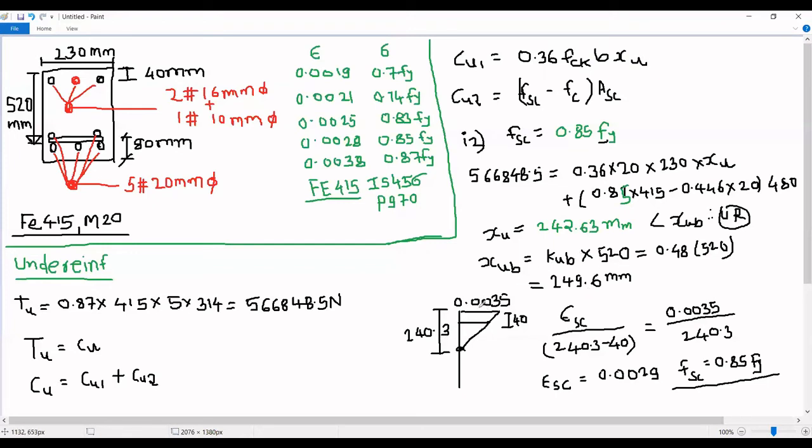Now in this strain diagram there will be a slight change. Instead of 240.3 I will have to take it as 242.63. So in this iteration this value will be replaced by 242.63 for calculation of epsilon SC.